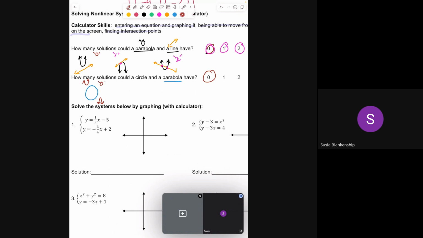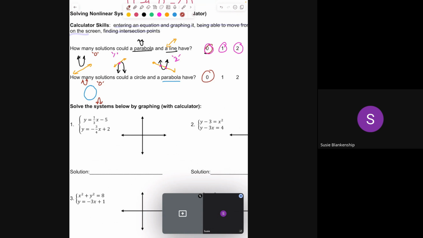This is 0. Let's say I want to do one intersection. What does that look like? It's a lot like the above one, but this time I'll just put it here. It's going to touch at one spot. Not drawing that really well. Okay, this is one.